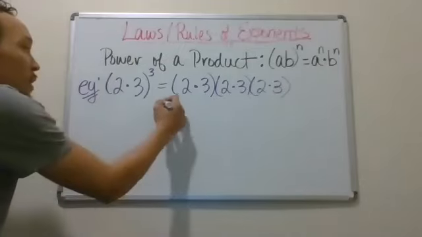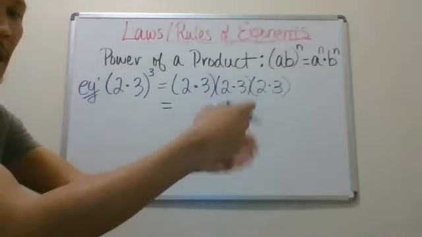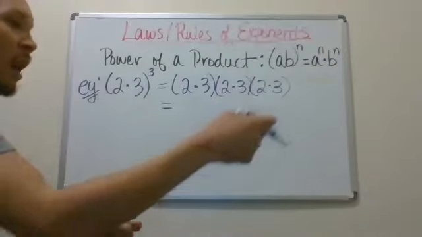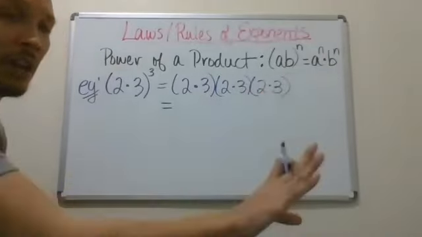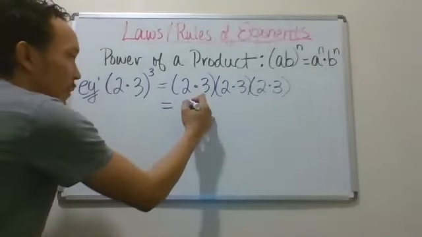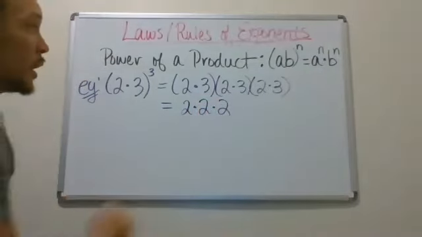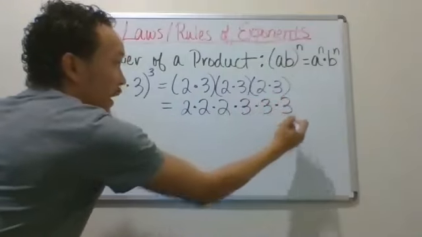All right. Because we're multiplying all of this, we can rearrange these numbers however we want. So I want to pull all of my 2's to the front, and I'll push all of my 3's to the back of this expression. So we're going to end up with 2 times 2 times 2 times 3 times 3 times 3.